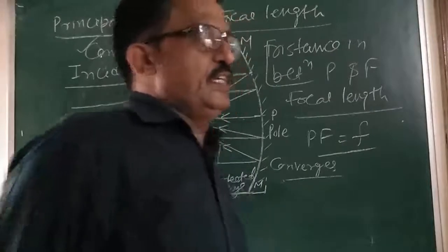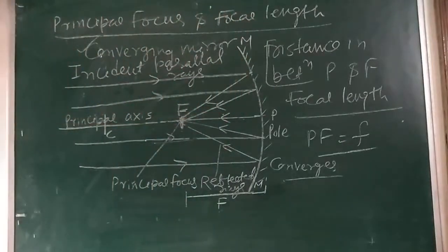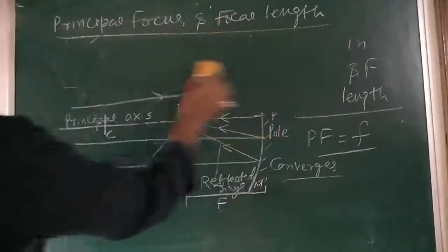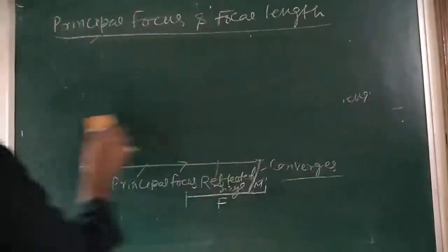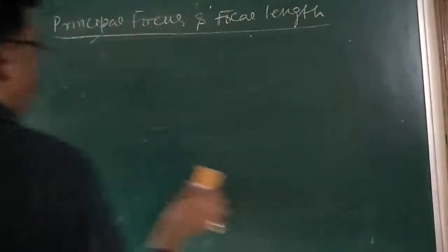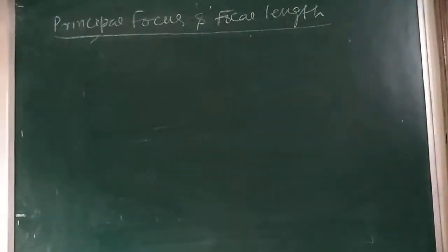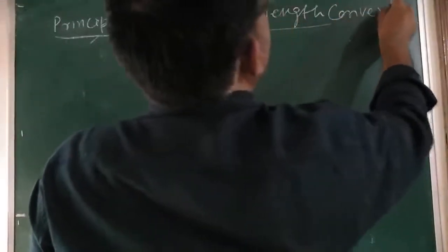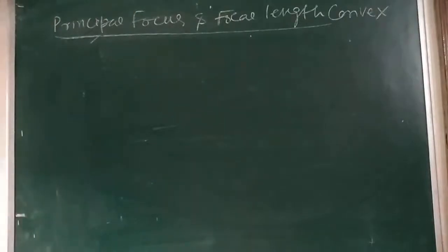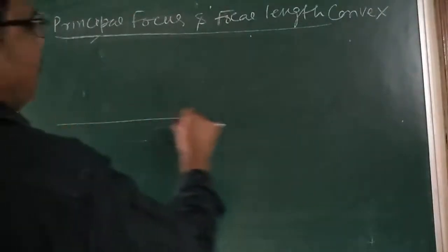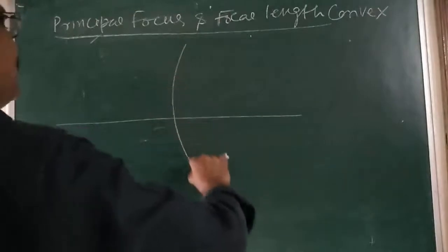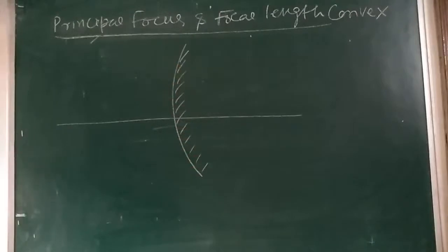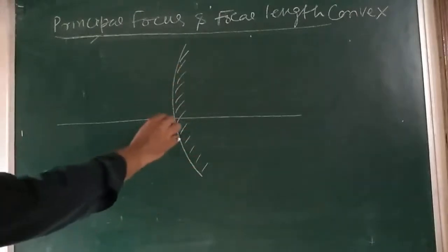Similarly, we can see for a convex mirror. Now we are talking about principal focus and focal length of a convex mirror. Again, this is principal axis. This is our convex mirror. It is a pole.